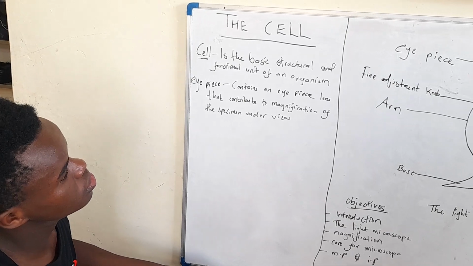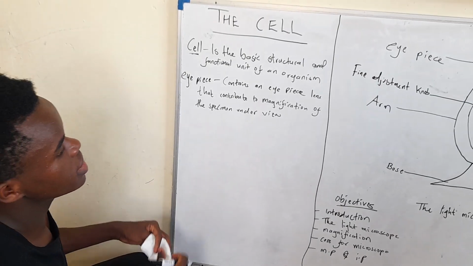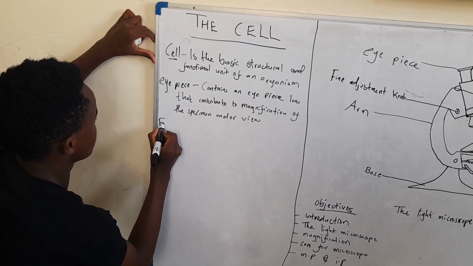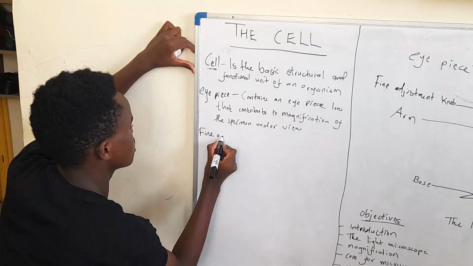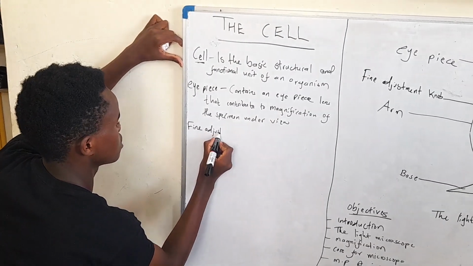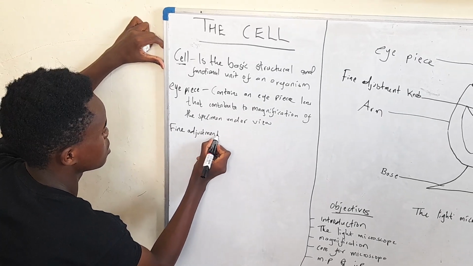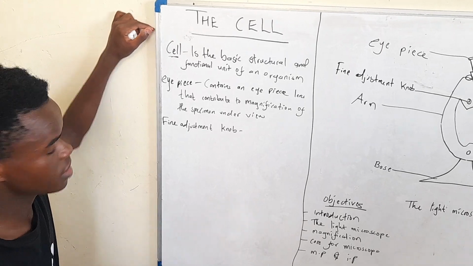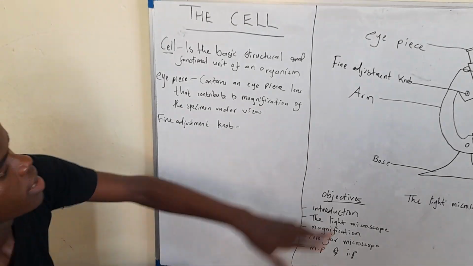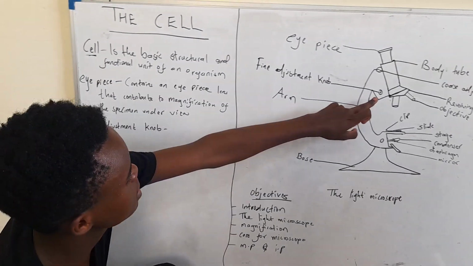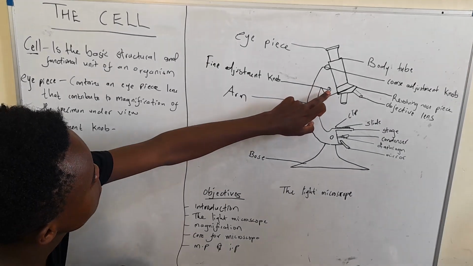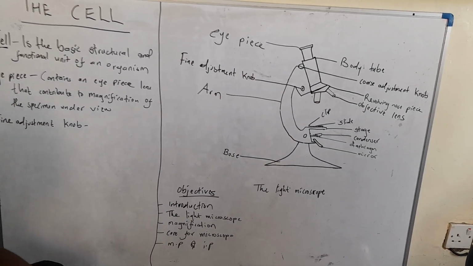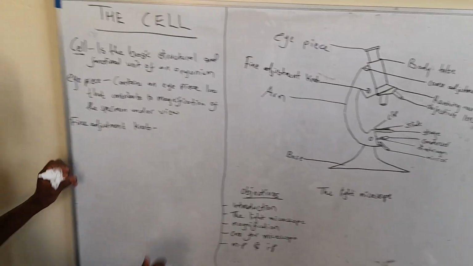Now we move on to the fine adjustment knob. What's the function of a fine adjustment knob? As you can see, here is the fine adjustment knob, and just here we also have a coarse adjustment knob. Let's start with the fine adjustment knob.